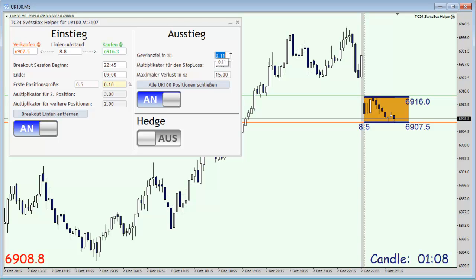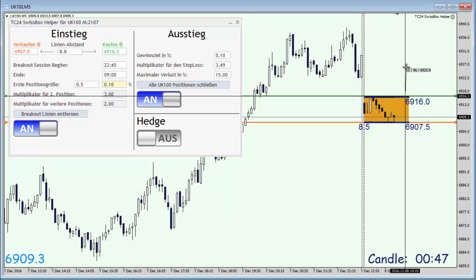And we need to adjust it to 0.10% on the top right corner, where our take profit in percent is, which means that the range of the box, in this case 8.5 points, is the same distance where our take profit later on will be. So again, at a distance of 8.5 points on the downside as well.